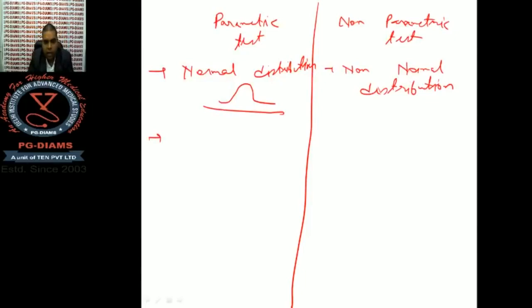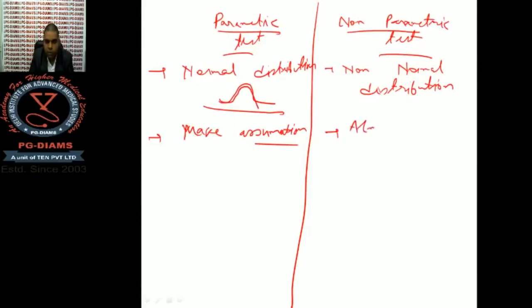In non-parametric test, you don't make much assumptions. Assumptions like, for example, you can assume that the data is normally distributed. Okay? Almost no assumptions.